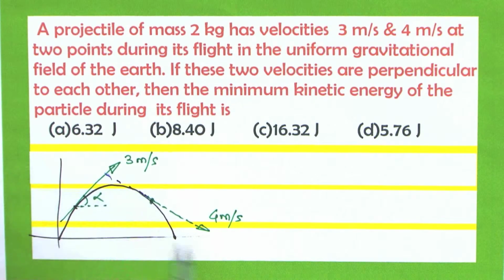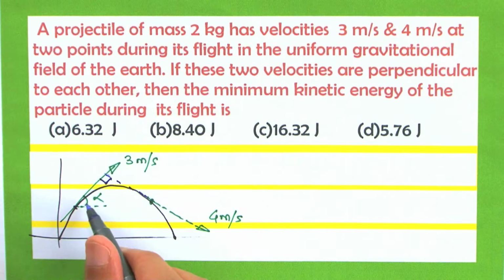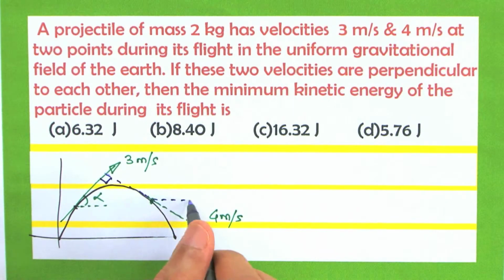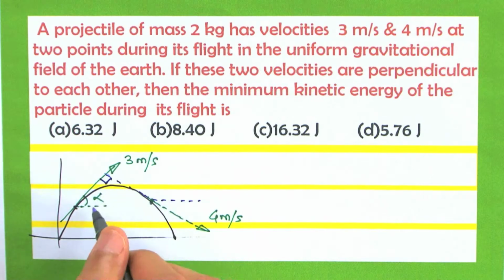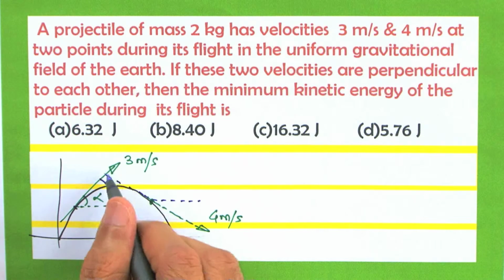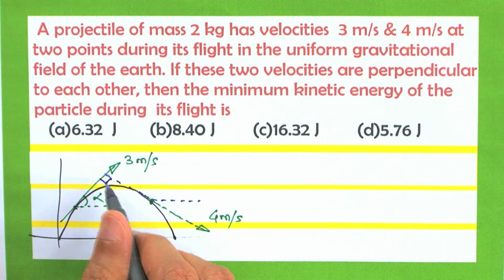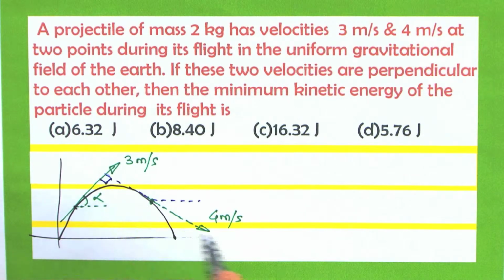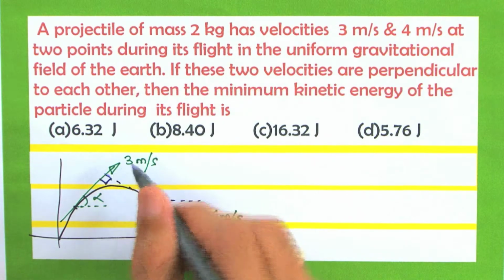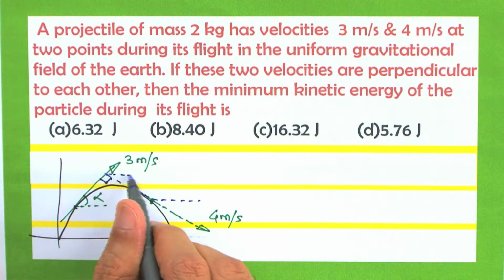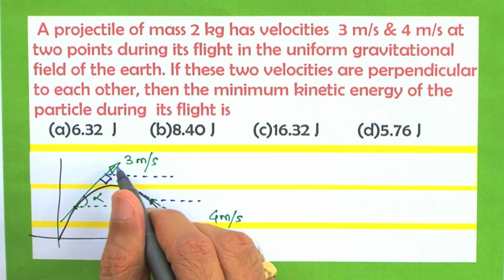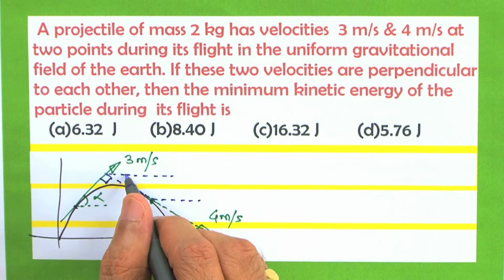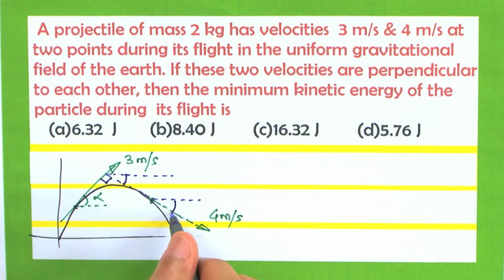So, if you extend this one, this angle is given to be 90. So, if this is alpha, then this is 90. One second, what is going to be this angle? Oh, fine. If I just imagine one horizontal line here, then this angle is alpha. So, this should be 90 minus alpha. Fine.